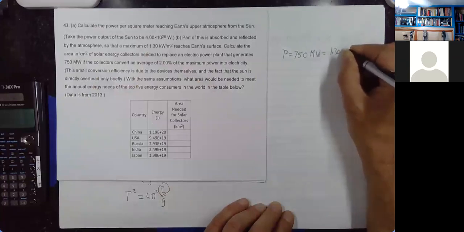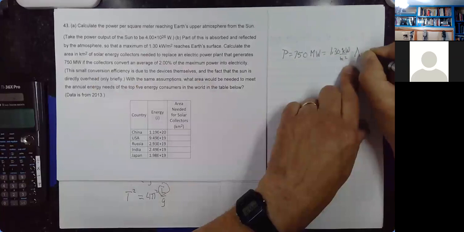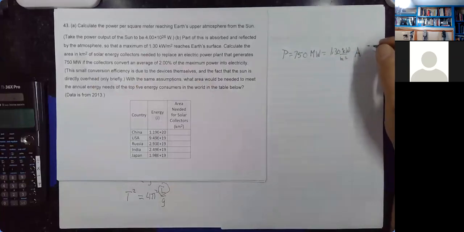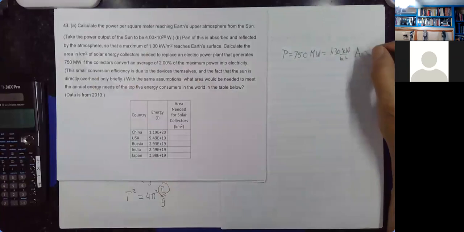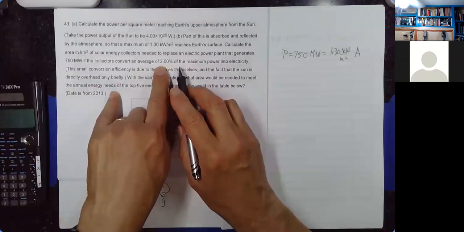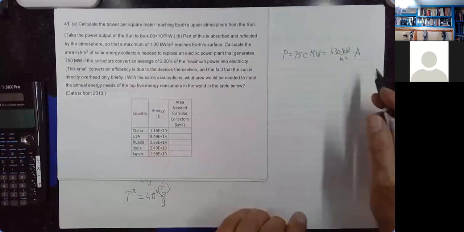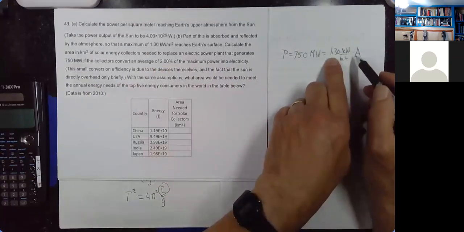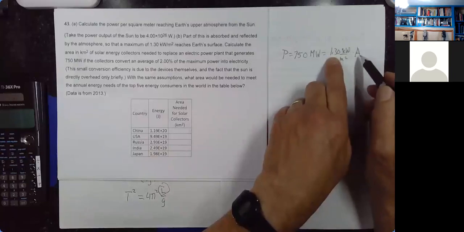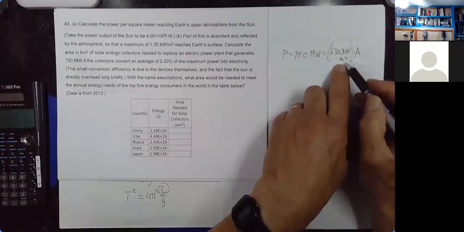So 1.30 kilowatts per square meter, and then we have to multiply that by a bunch of solar collectors, except that those solar collectors are only 2.00% efficient. This is the power delivered per unit area by the sun at our orbital location.